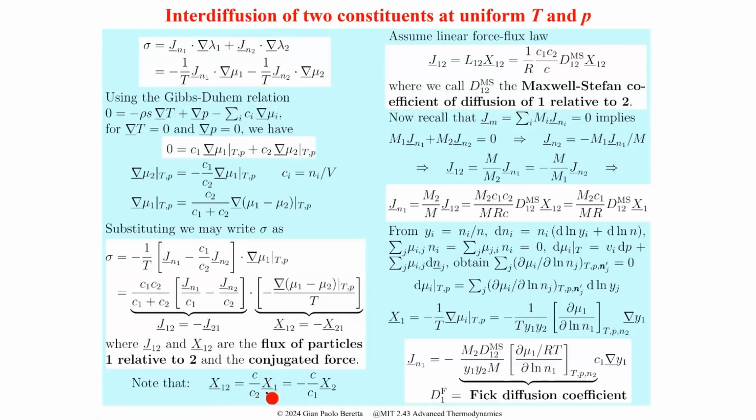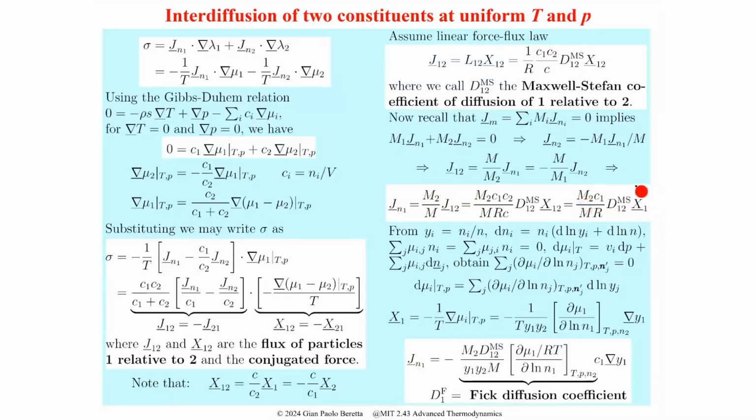X1 is just a gradient in chemical potential of substance 1. So it's this one, -1 over T times the gradient of mu1, and that's x1. But you could also define an x2, and these are all related to x12. So by substituting and expressing these in terms of the flux of particle 1 as proportional to the gradient in chemical potential of that particle, you can rewrite it this way.